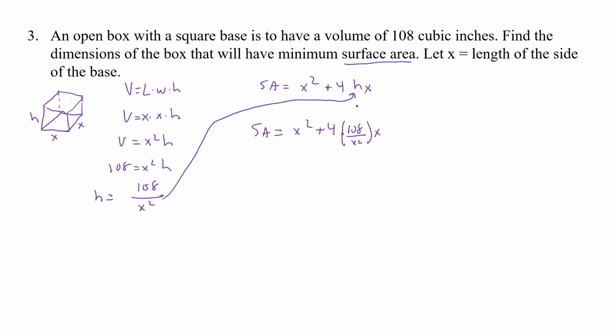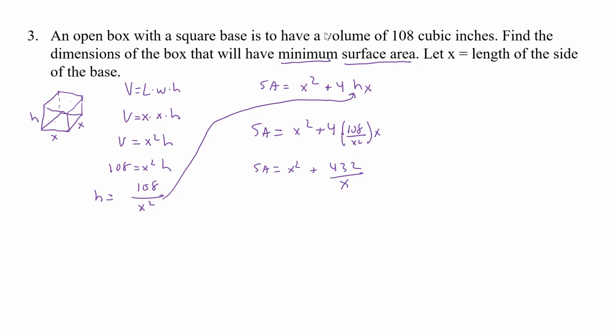Now 4 times 108 is 432. So our surface area is x squared plus 432 over x. All right. So that is our surface area, and we want to minimize it.